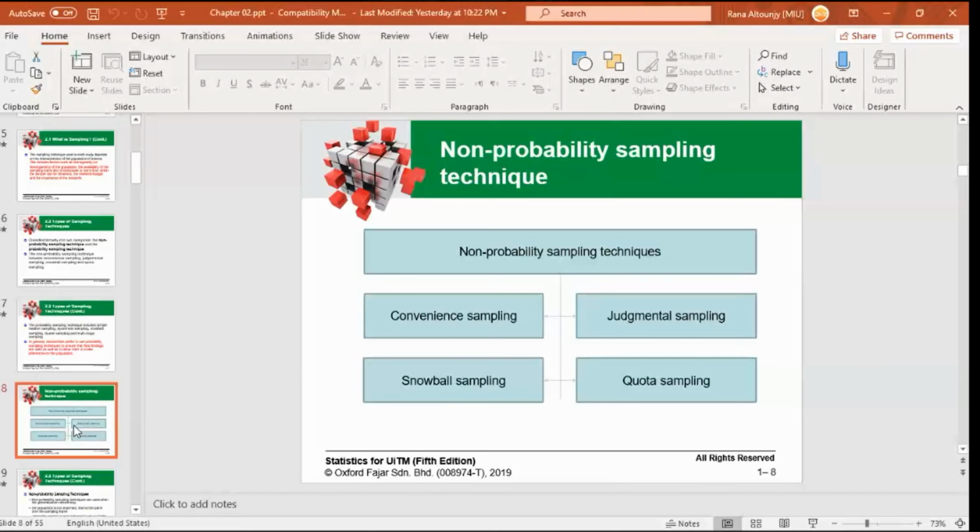When you are moving forward to do your research, to do your data collection, you need to be very aware what type of data you are looking for, what type of study. You want quantitative or qualitative, what type of measurement level you will use, and here what type of sampling method you will use. If you are not aware or very clear about those things, you cannot proceed further.